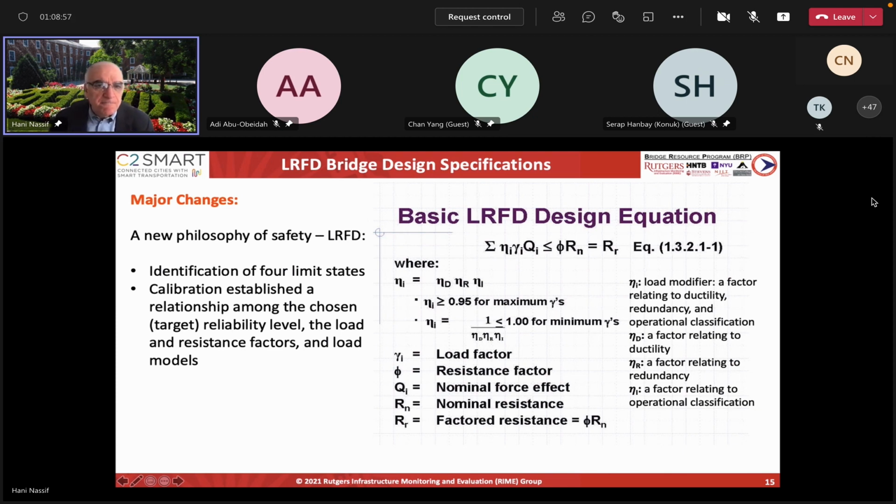So you see the phi factor, this is very important. The phi factor is called the strength reduction factor. And that factor is a penalty because you are using approximate models to estimate the resistance. If it was a reinforced concrete section or precast concrete section, at ultimate, you are assuming the Whitney stress block to basically find out your compression force.